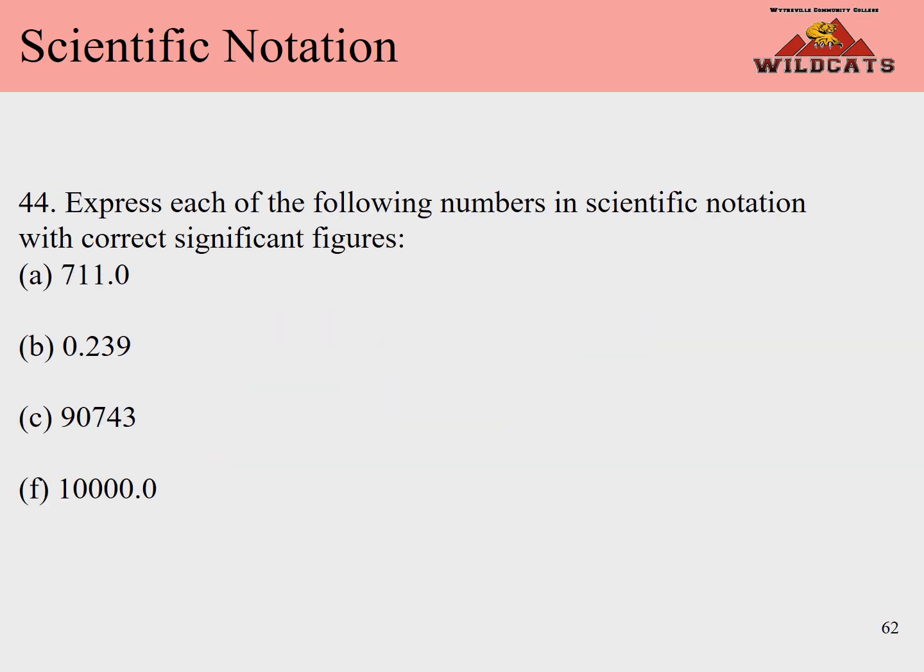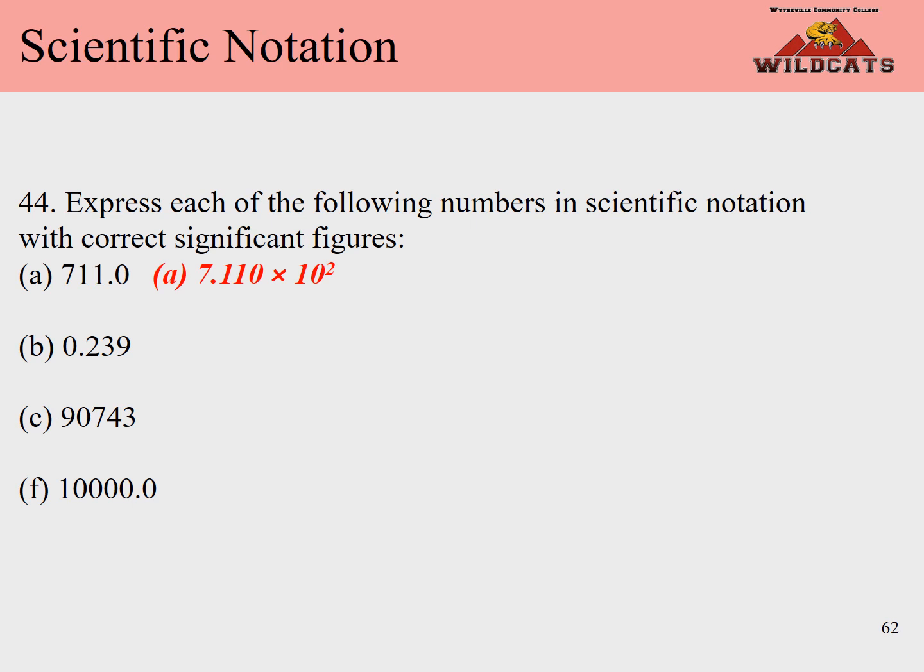It says express each of the following numbers in scientific notation with correct significant figures. So A is going to be 7.110 times 10 to the second. And you go, why would I write a number that small? Because when we put it in scientific notation, we know definitely for a fact all four of those numbers are significant. You'll see that in some of the problems that we'll work through. You'll go, well, why did he write 1.2 times 10 to the second?